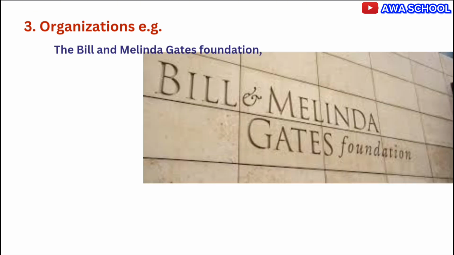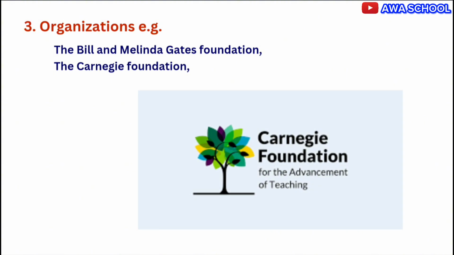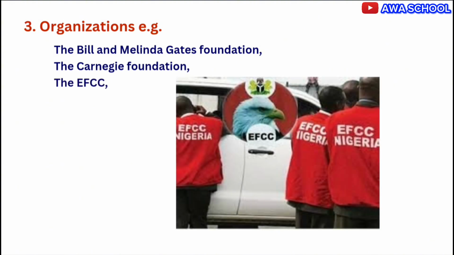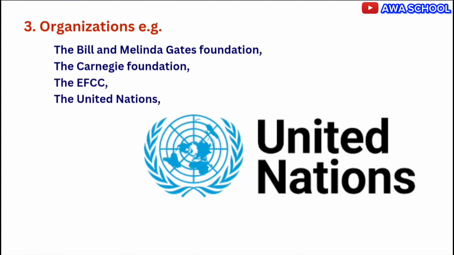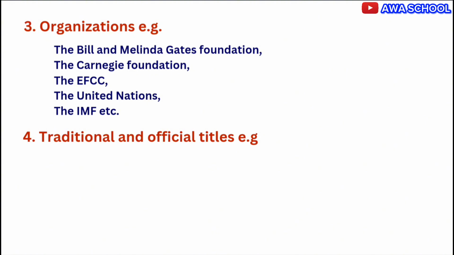Thirdly, when talking about organizations, example, the Bill and Melinda Gates Foundation, the Carnegie Foundation, the EFCC, the United Nations, the IMF, etc. Also, we use the definite article for traditional titles and official titles.